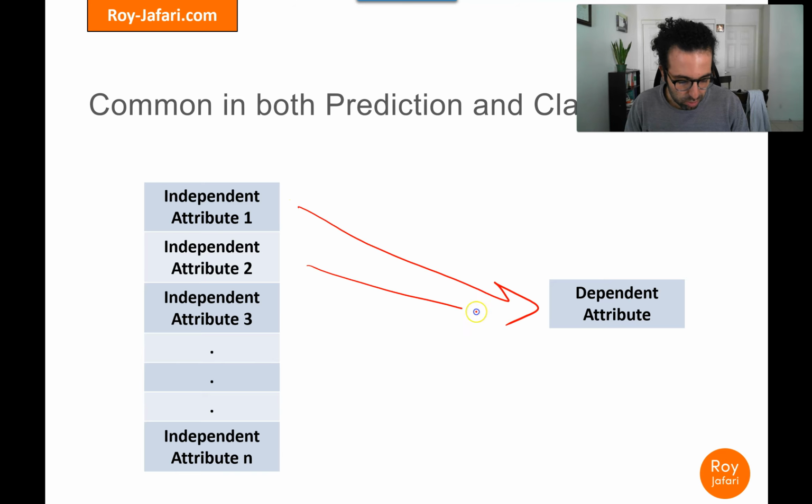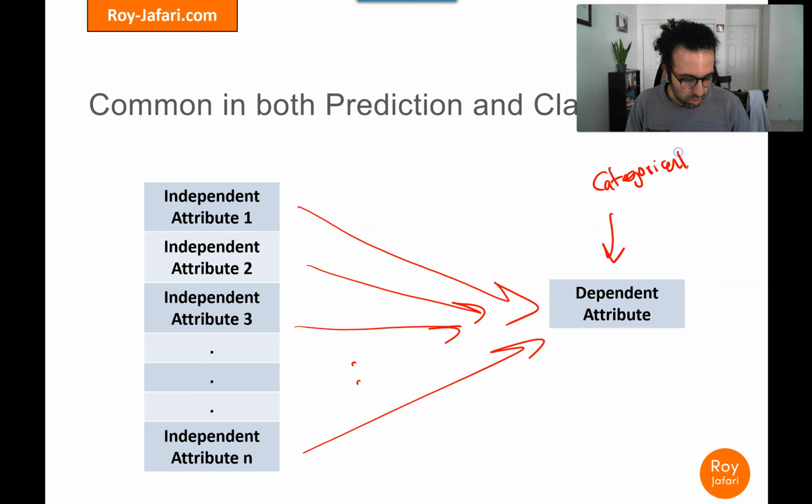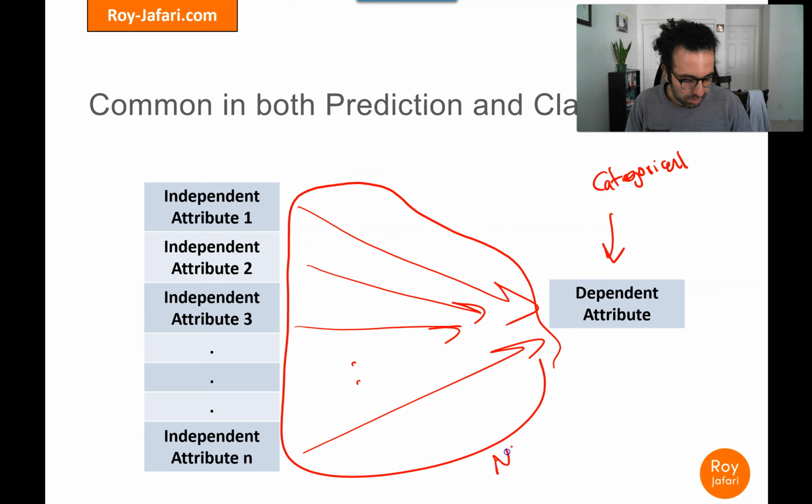Classification is when this is categorical. We are going to see how Naive Bayesian goes about finding these relationships, so it can use them to predict the categorical class label.